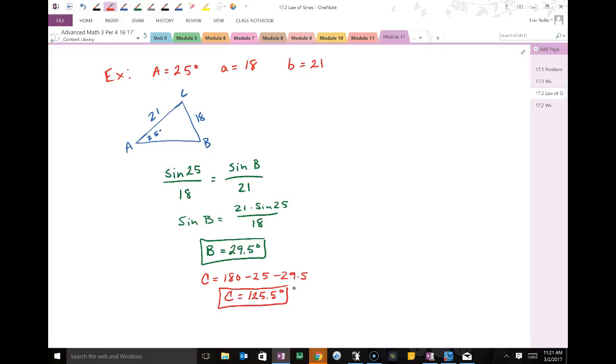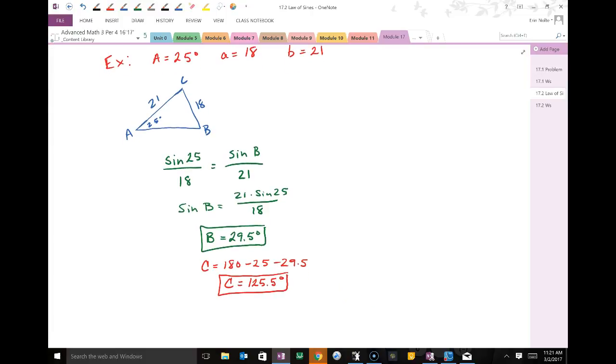I have to do a law of sines. Again, I'm going to start with the original information that I was given. I'm going to use my A's for that first ratio. Always go back to the original because we want to use exact values. So I'm looking for side C, so it's going to be the sine of 125.5 over C.